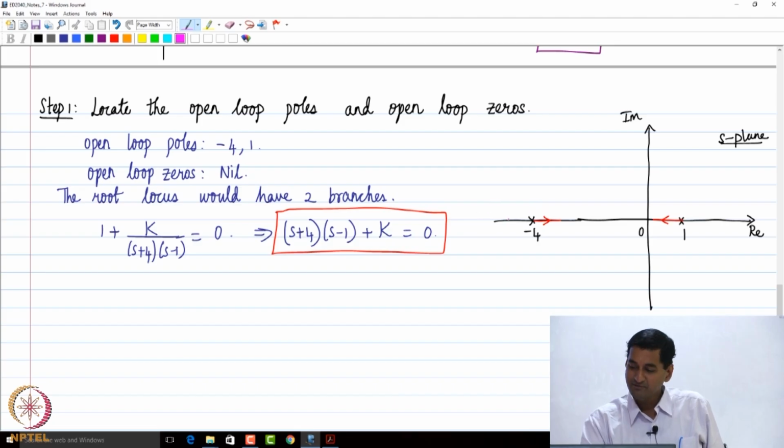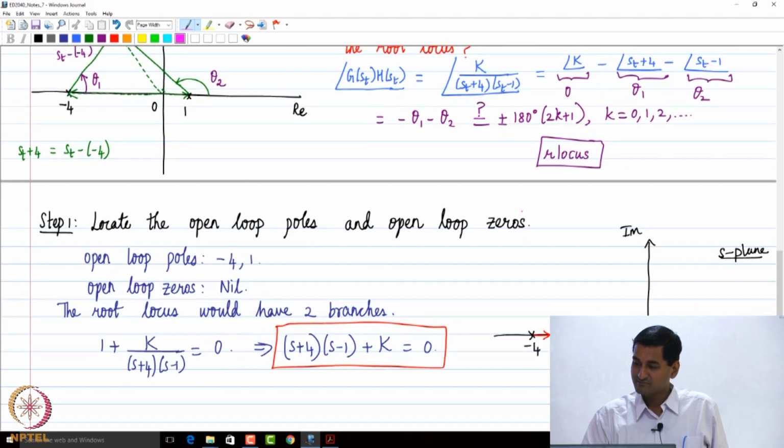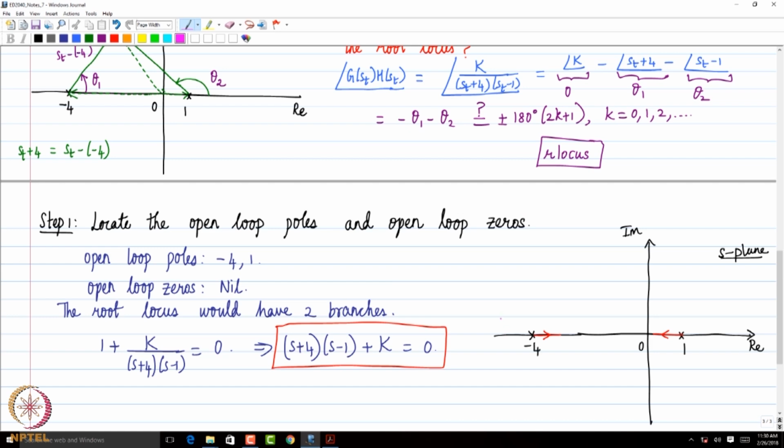For example, let us say I take my test point s_t to be this. What will be the values of θ1 and θ2 for this? We just wrote it above. θ1 will be 180 and θ2 also will be 180, so the sum is -360.